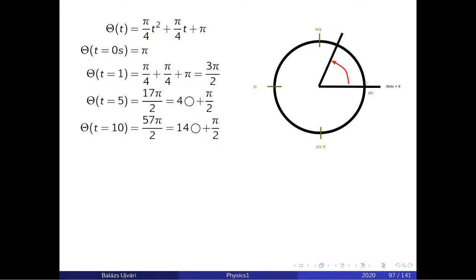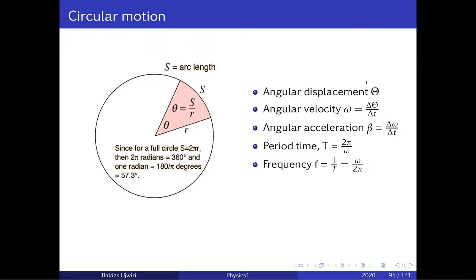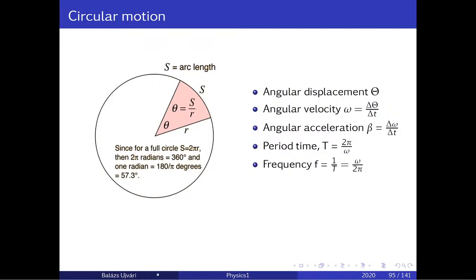As in the x-axis, the x(t) was how we move on the x-axis, how the x changes on time, and theta(t) is how the theta changes on time. Angular velocity is the omega.